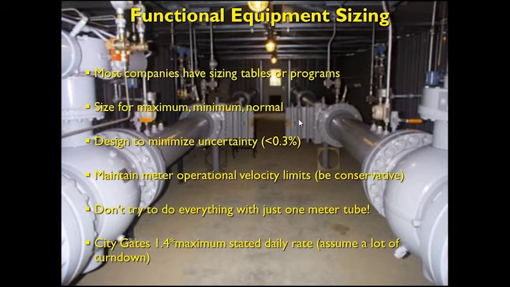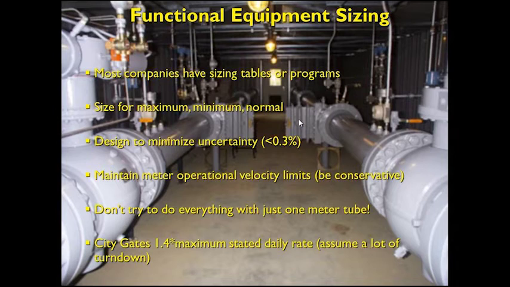And you want to design to reduce your uncertainty. A good target is a value that's going to be less than 0.3% overall measurement uncertainty. Of course, this is one of the services we can offer around here: we can assess your facility and tell you what your measurement uncertainty should be for that facility.